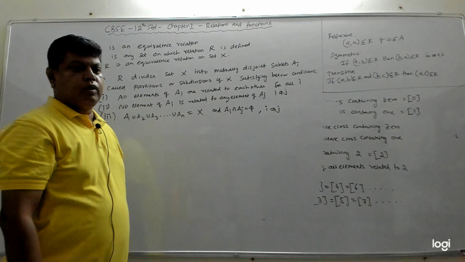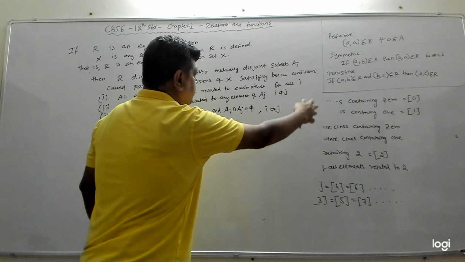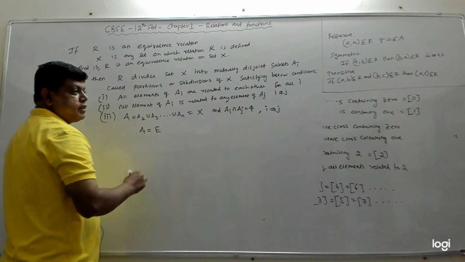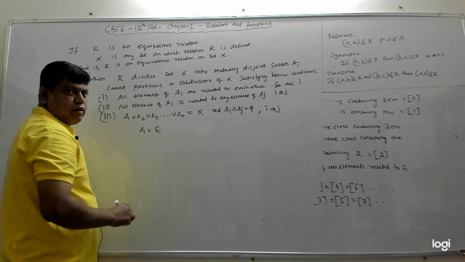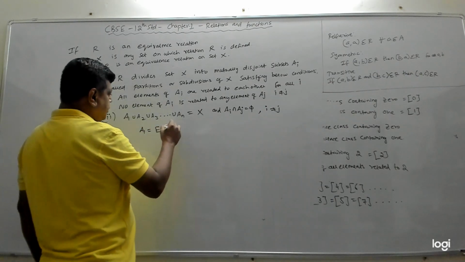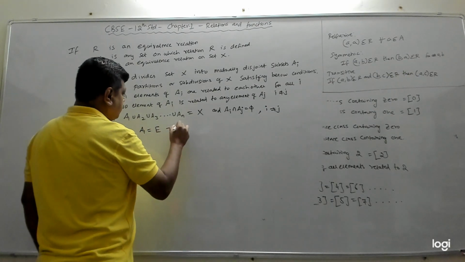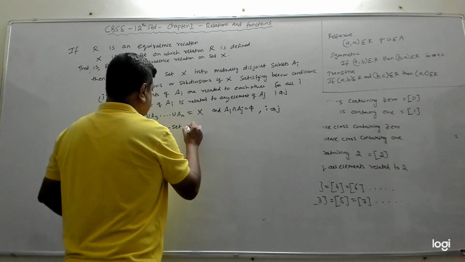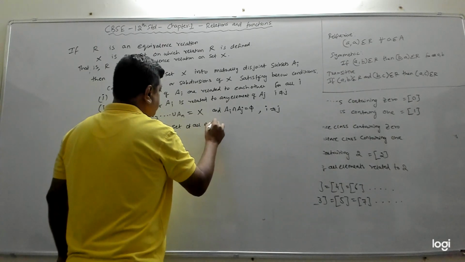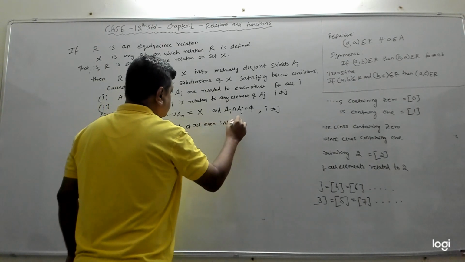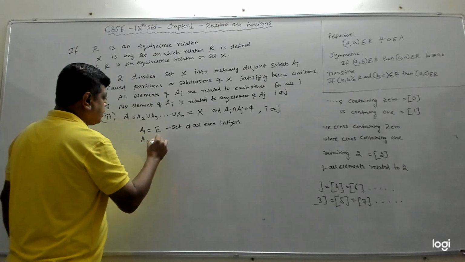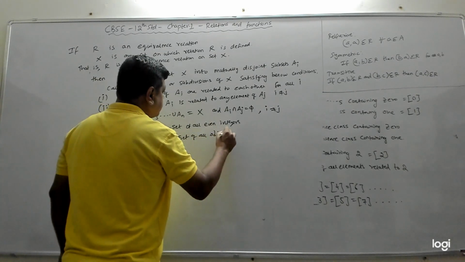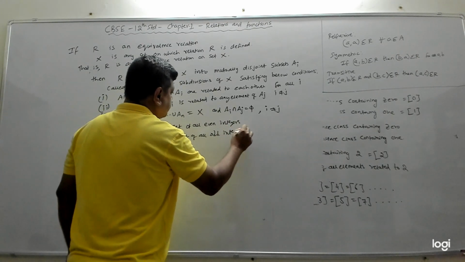So if you compare this with the earlier example that I was discussing, our A1 is like E, the set of all even integers, and A2 is like O, which is the set of all odd integers, right?